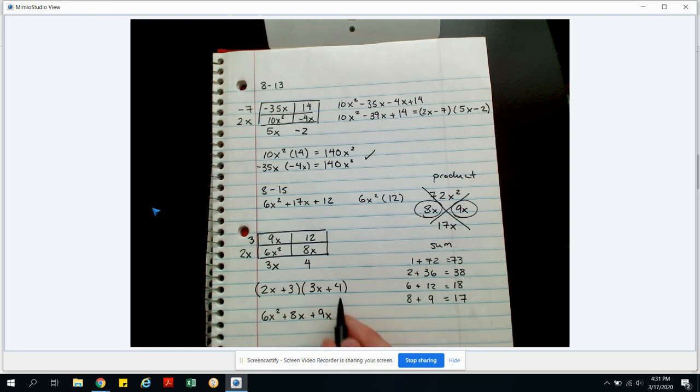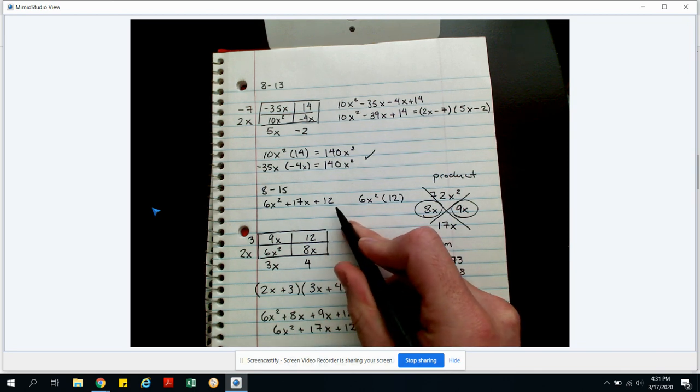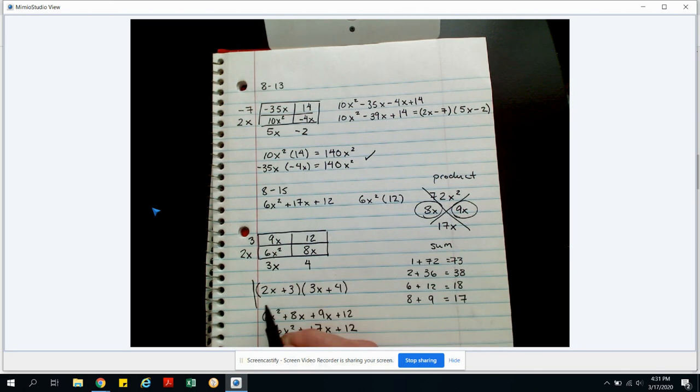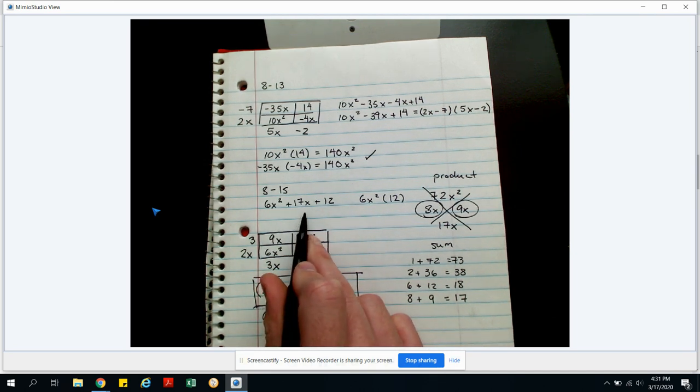And 3 times 4, I get 12. Combine my like terms. 6x squared plus 17x plus 12. So I got my original trinomial. So this right here is the correct factorization of my starting trinomial.